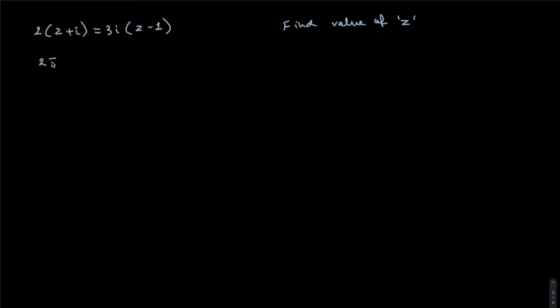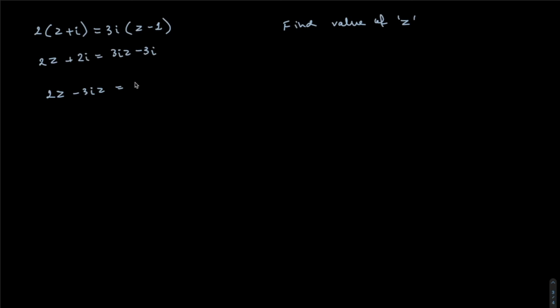So let's get started. The left-hand side will be 2z plus 2i is equal to 3iz minus 3i. Okay, let's bring the z's to the left-hand side. So we'll have 2z minus 3iz is equal to, well, this part and this part.